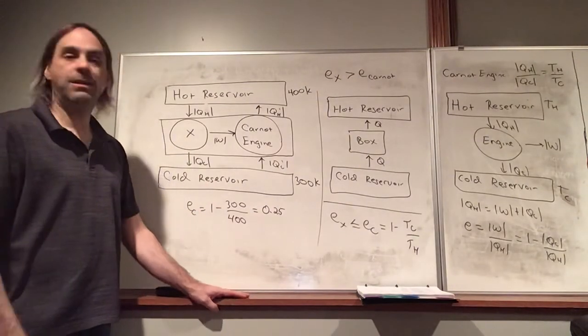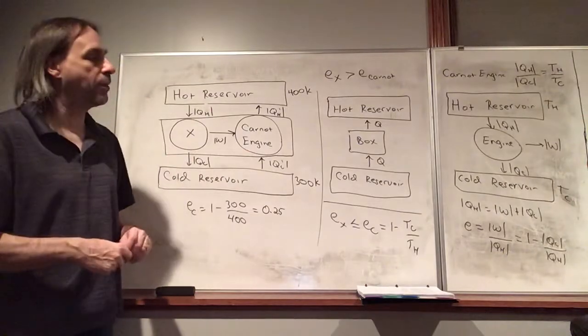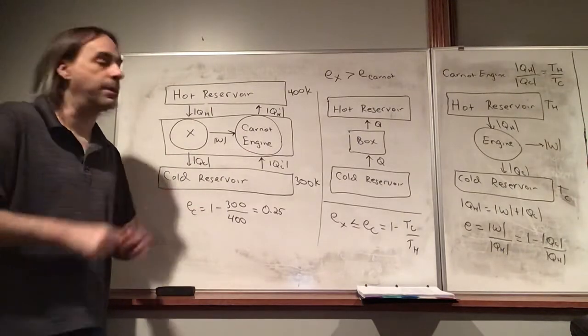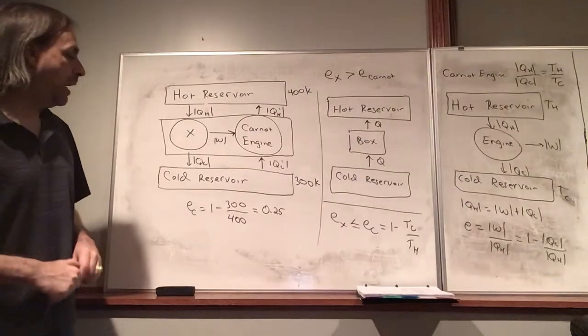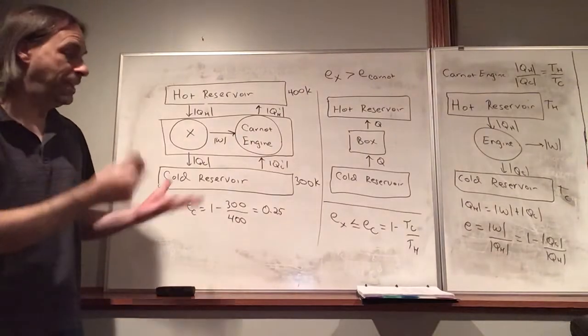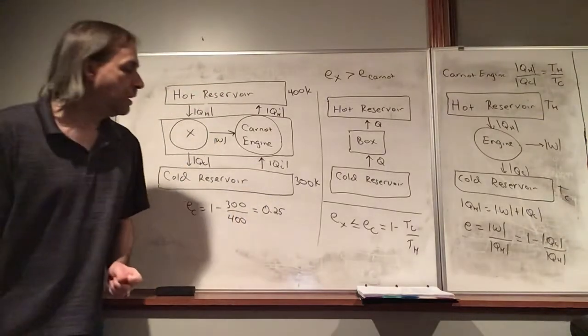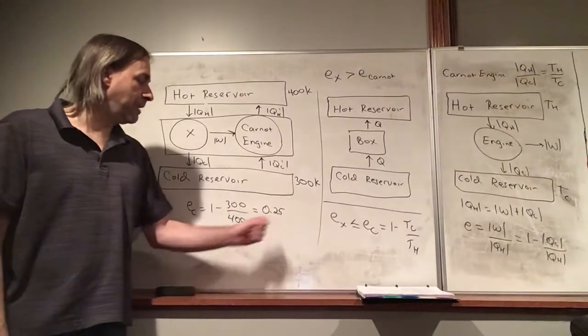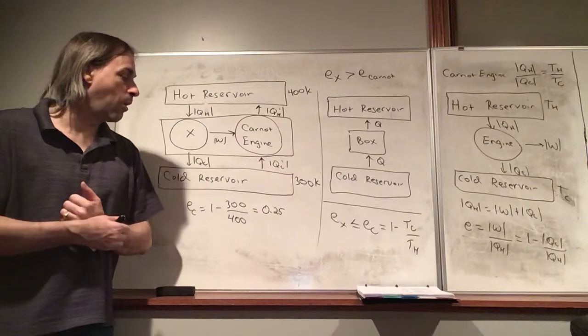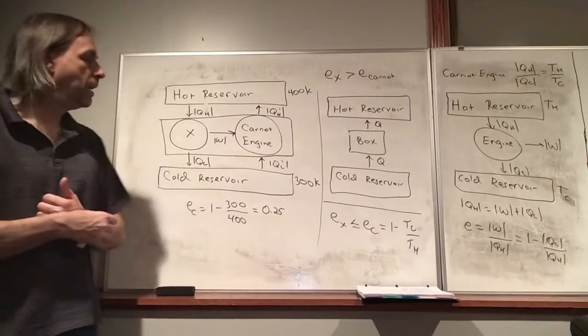And so he came up with this idea of the isotherms and adiabatic curves to define the cycle. And again, it's also nice that it's a very easy thing to calculate. So a real engine would have a lower efficiency than that.